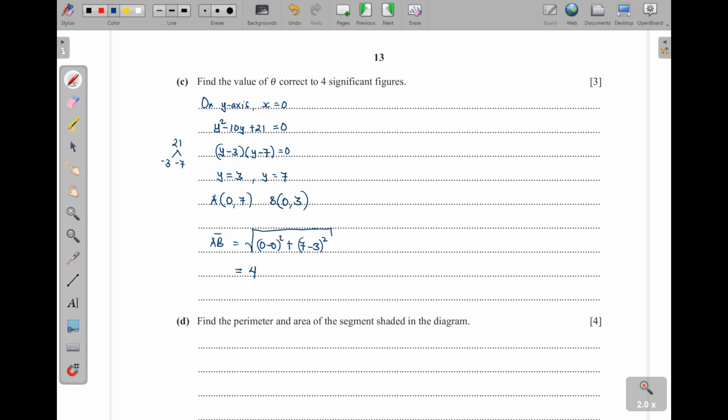Now, having gotten that as a 4, I will draw a triangle here. This AB, this is A, this is B, it is 4 units. So we shall have this one as 2 and this one as 2. I divide this one into 2. So I can have here theta over 2, even here theta over 2.